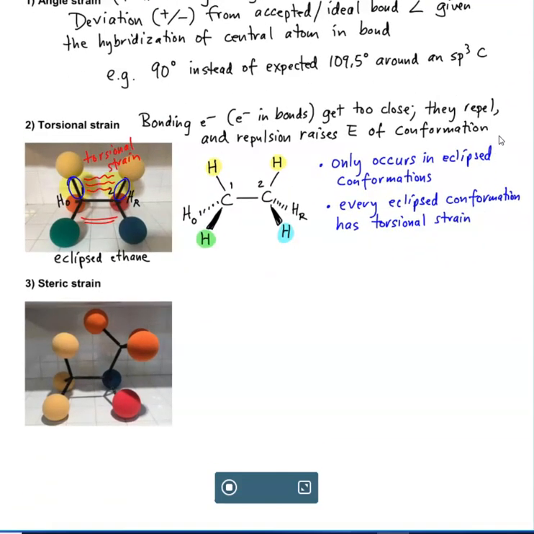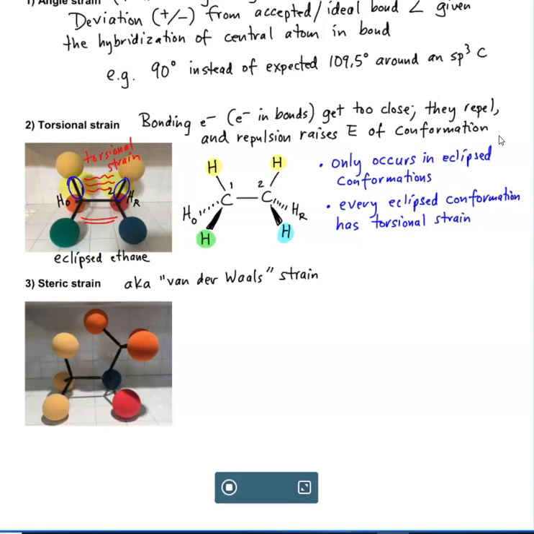The third type of strain that we're going to encounter is called steric strain. Now, steric strain is also known as van der Waals strain. So you're probably familiar with the term van der Waals forces, which is kind of a catch-all term for intermolecular forces. And from that, you may also remember that when you bring two molecules together, at a certain point, there are weak attractive forces that can exist between the two molecules.